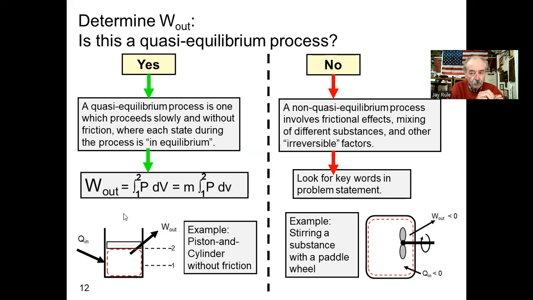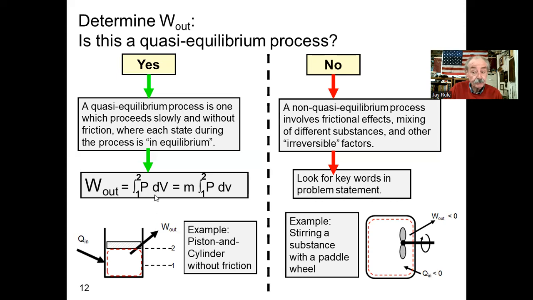In other words, things are moving slowly and without friction. So when the answer is yes, I've got a quasi-equilibrium process, immediately you go to the thought: my fundamental is W out equals the integral of P dV.